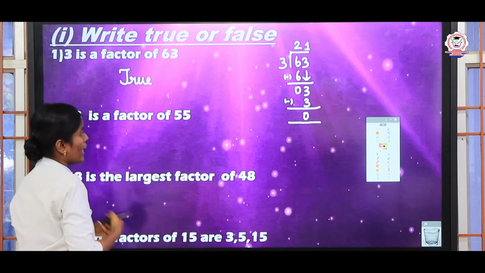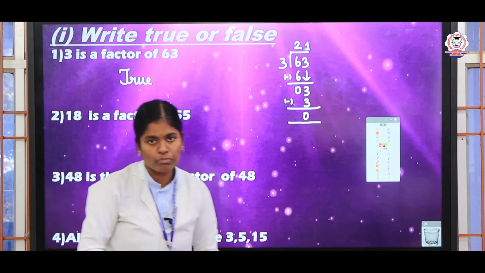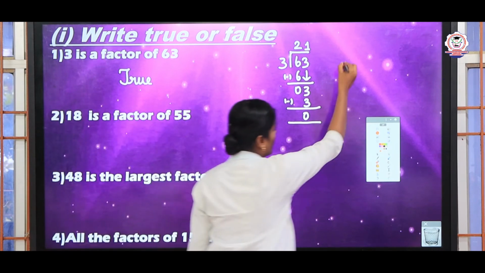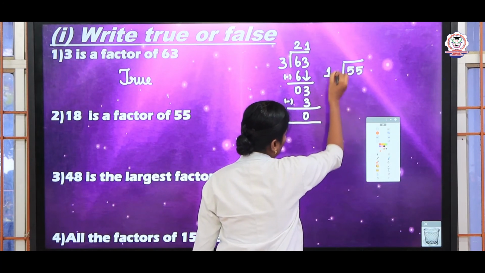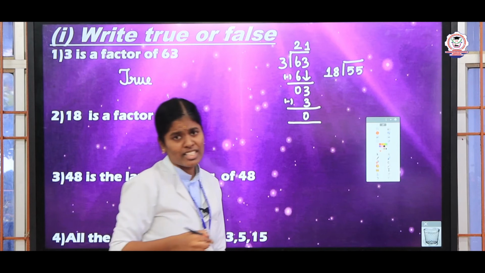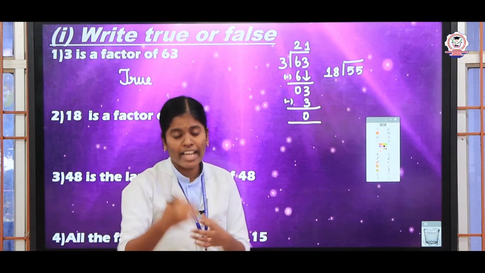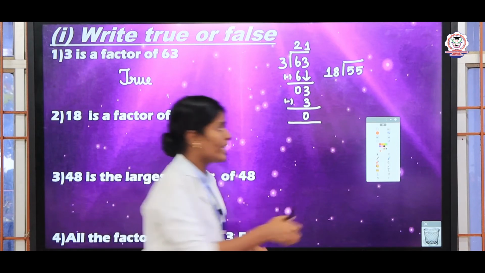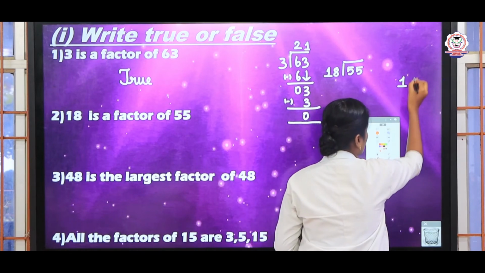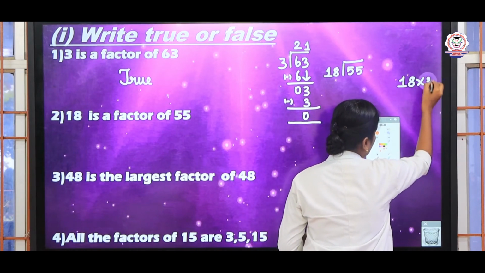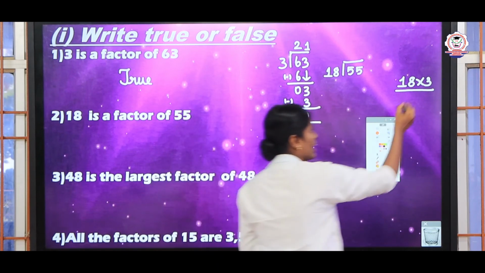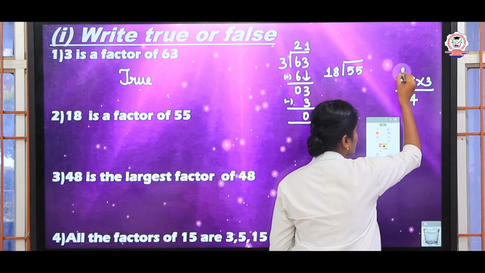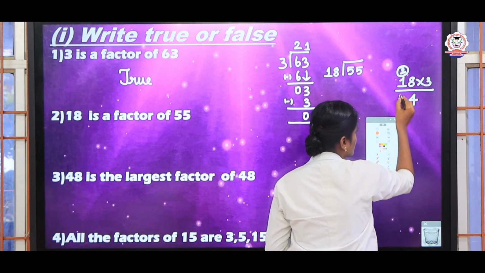And next one, 18 is a factor of 55. Just take 55 and divide by 18. Use the 18 table. 18 zeros are 0, 18 ones are 18, 18 twos are 36. Next, 18 threes are 3 eights are 24, so 4 carry 2. 3 ones are 3 plus 2, the answer is 5.